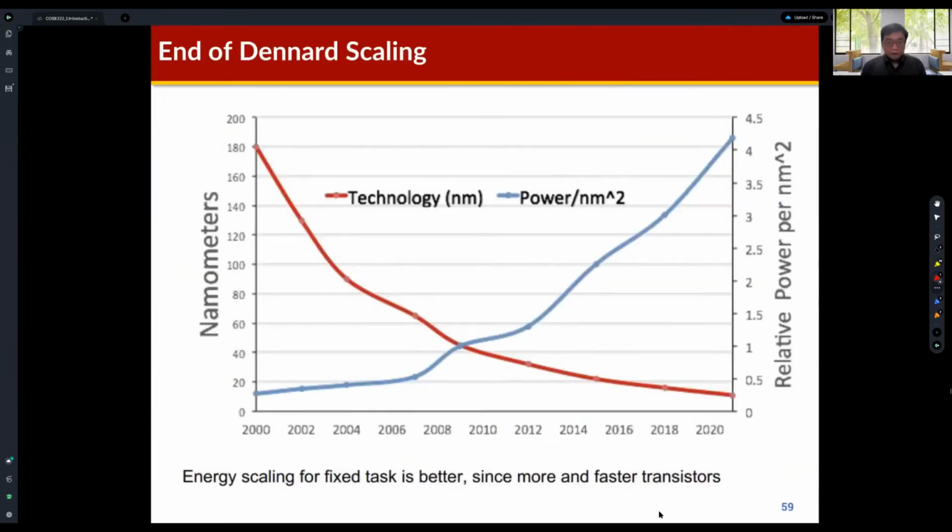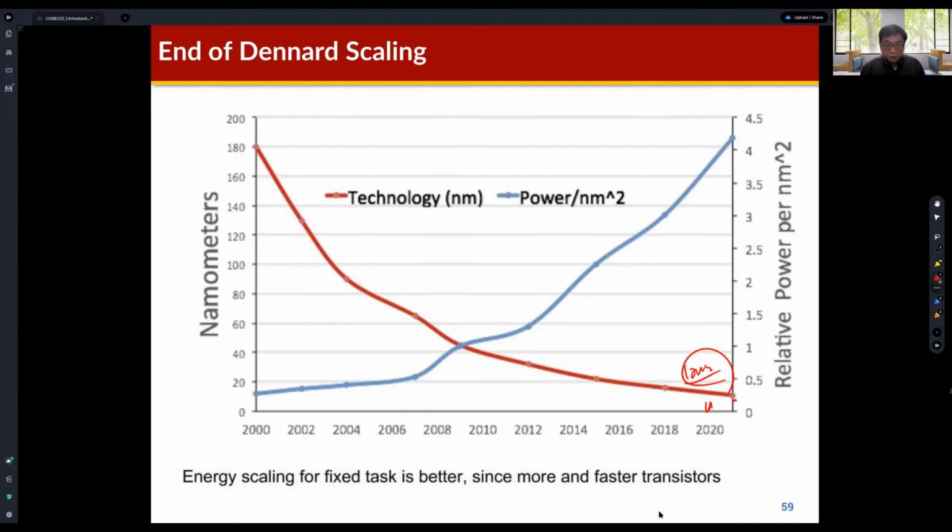So this graph shows the trend of the technology node. Recently, Intel is using 10 nanometer technology. This graph shows the channel width of the transistor.